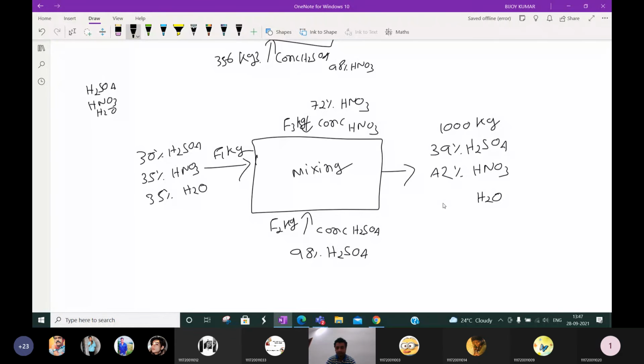Roll number 3. 19%, sir. How? That is 100 minus 39 plus 42, so 100 minus 81, that is 19 only. Simple thing. 19%. So here 98% H2SO4 is there, so 2% is HNO3 or water?